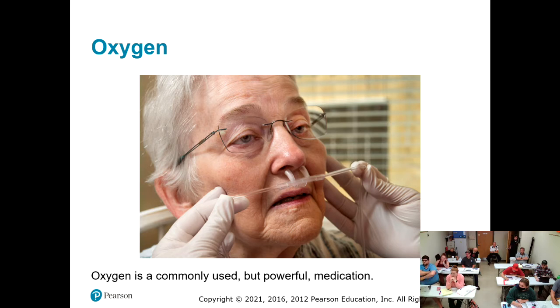So O2 is unstable and it wants to split and pair with other compounds. When it does that, it causes other atoms to become unstable, and that can denature our DNA. That's more of a case where somebody is on high levels of O2 for a prolonged time, not necessarily what we're going to do in the field.